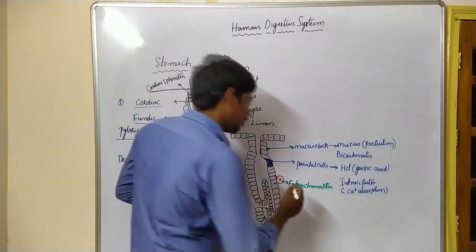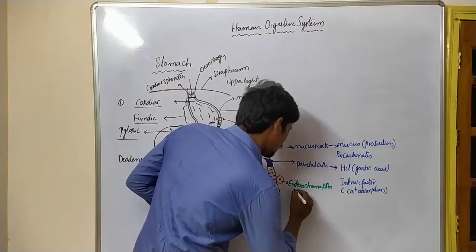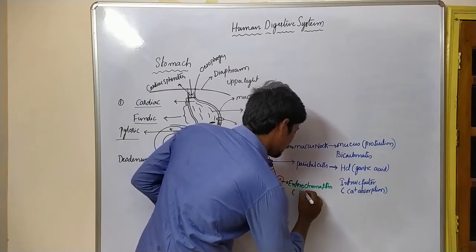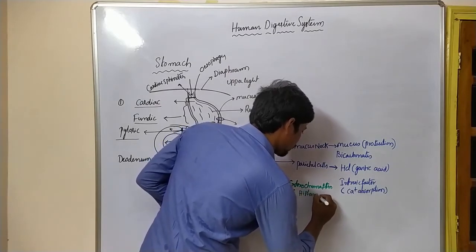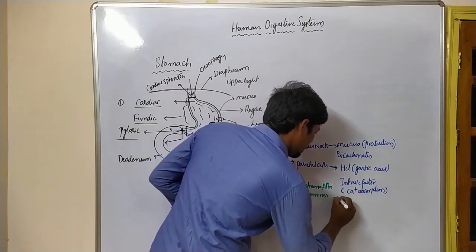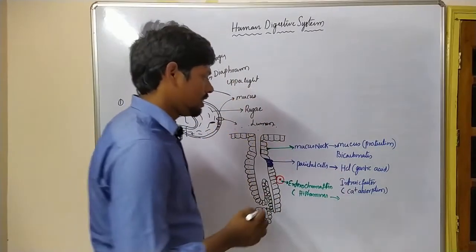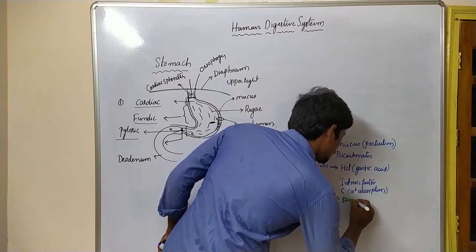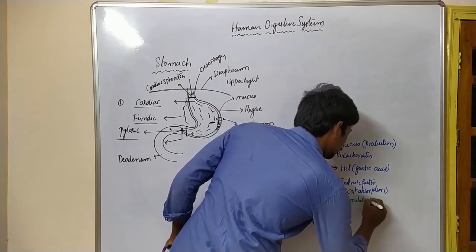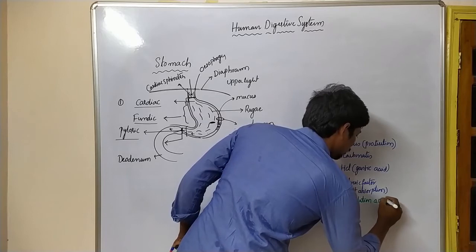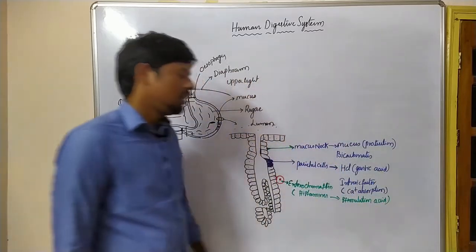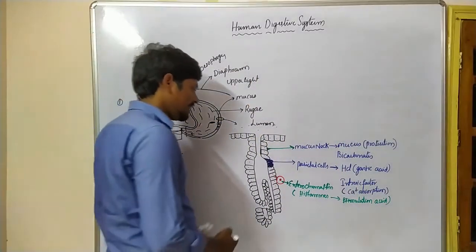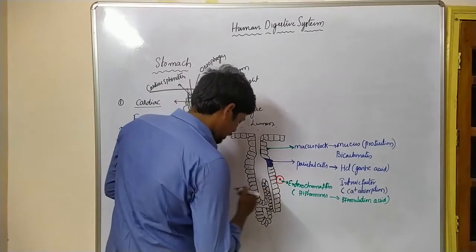These enterochromaffin cells are essential for the production of histamines. See, actually histamines are essential for the stimulation of acid production.